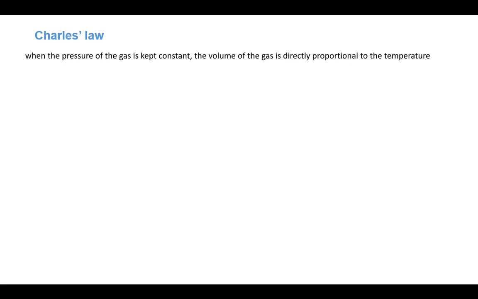So let us also look at Charles' law. Charles' law states that when the pressure of a gas is kept constant, meaning you consider the pressure to be constant, the volume will be directly proportional to its temperature.